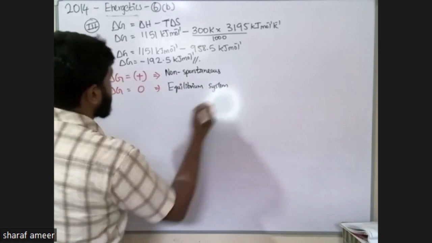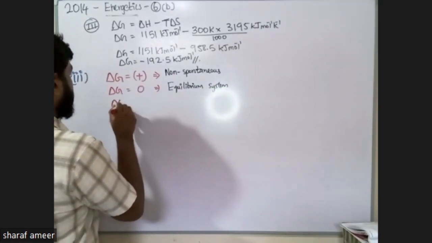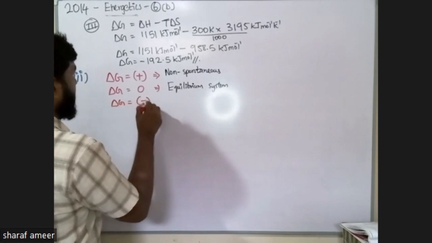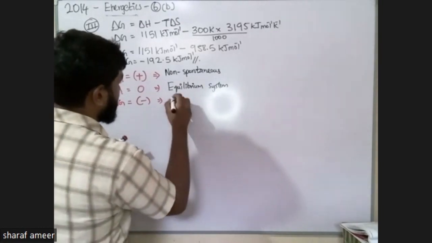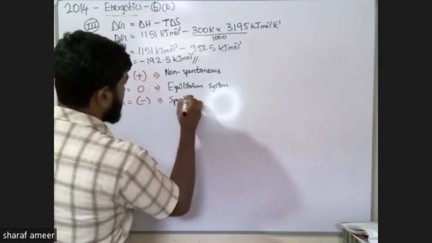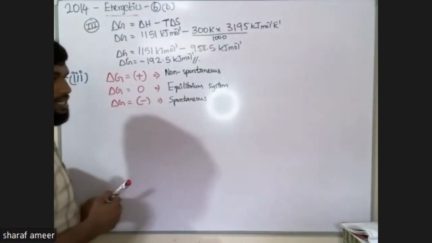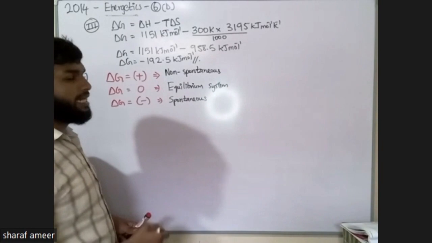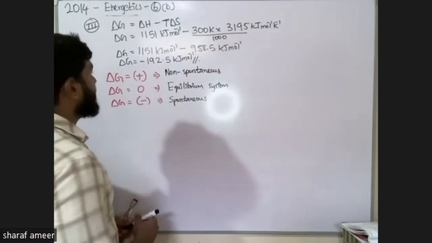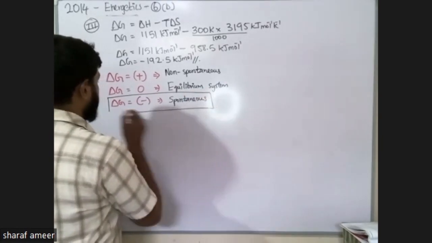Equilibrium system. When delta G is negative, it is spontaneous. Understood? Now the answer is negative here. So therefore the reaction is spontaneous.